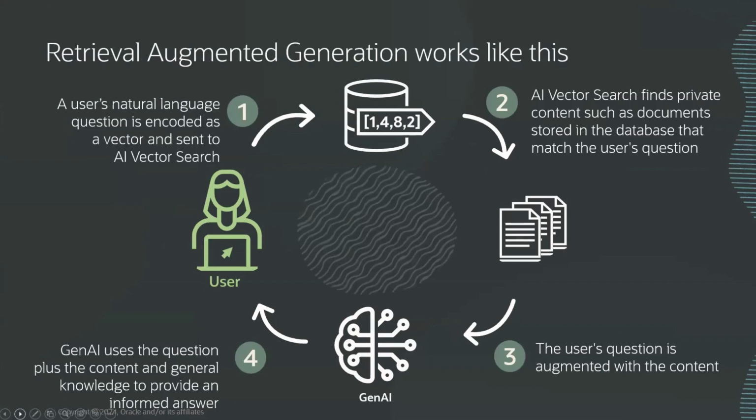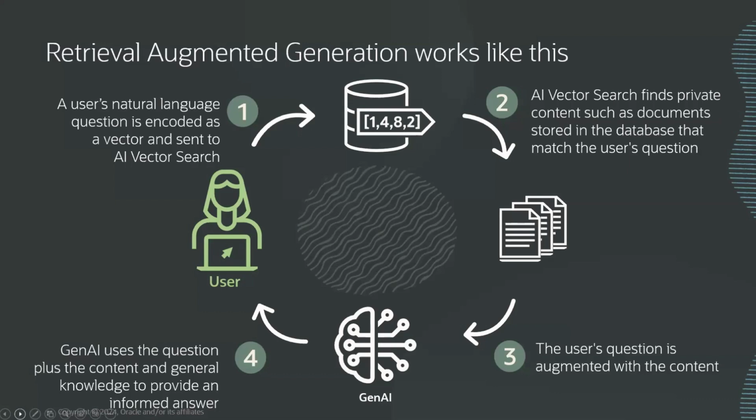The way it works is the user has a question. They type it into whatever application you're using. That question is then vectorized by the vector database or vector functions. It's then passed to the vector data store, and then you run queries against that vector store with the vectorized question that the user just typed in to find content and information in your private database that's relevant to what the user asked.